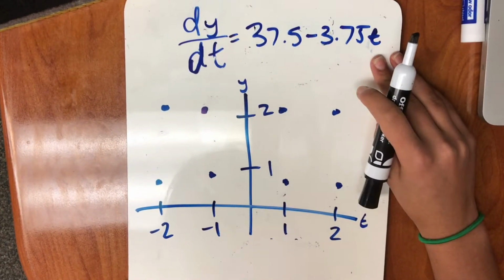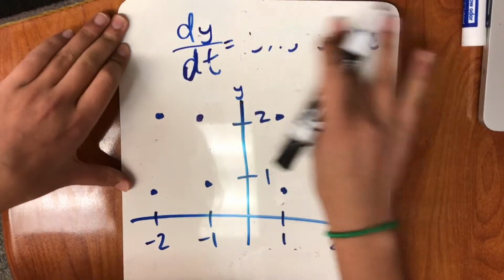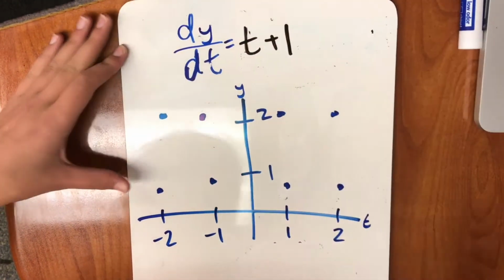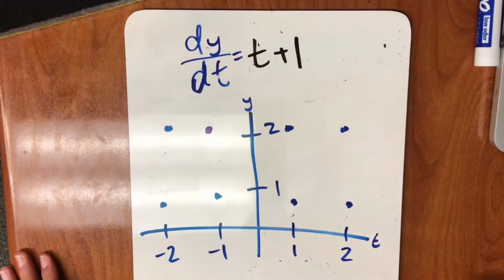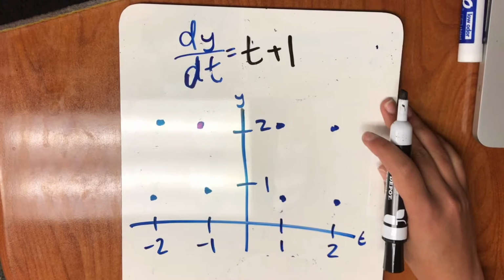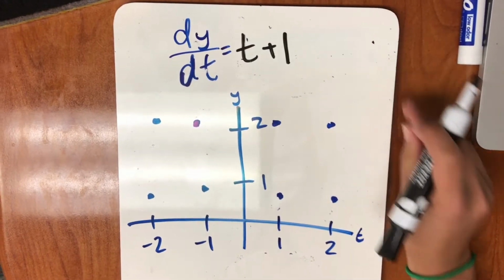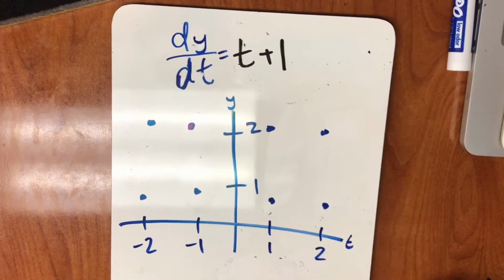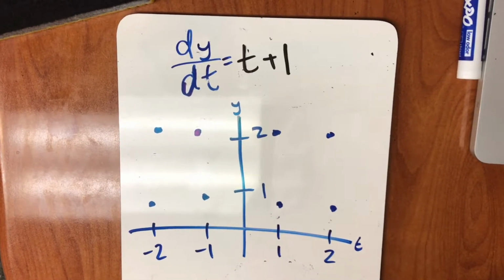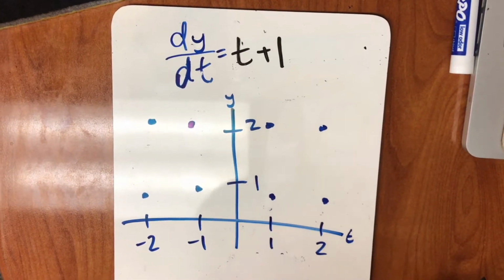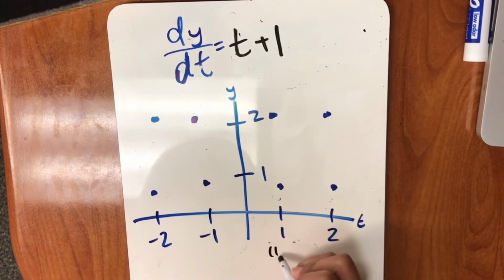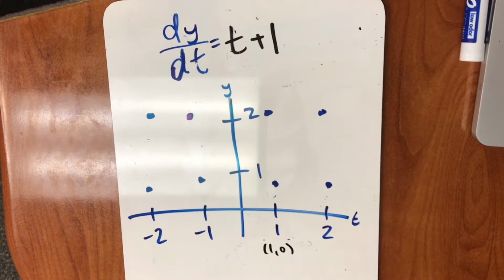Let's simplify the equation to t plus 1. Oh, so is this related to what we were doing before with Euler's method? Yep, Euler's method is solving the problem algebraically, while slope field is solving it graphically. Let's try drawing the slope field now. If we start at point (1, 0), t would equal 1, right?